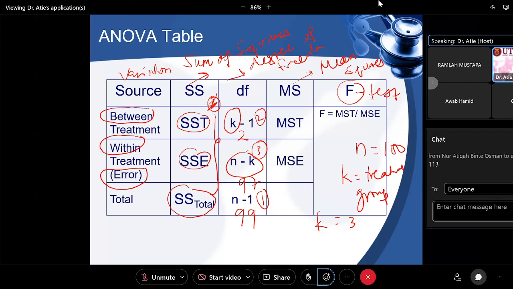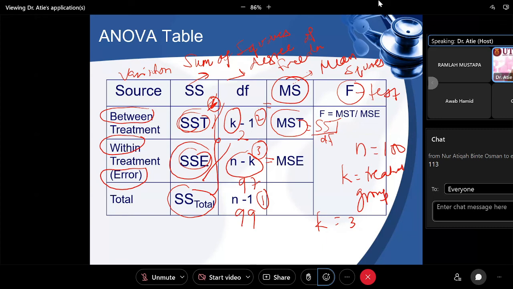All right. So this MST mean is actually equal to SST divided by the DF here, right? So this number divided by this one, you get this one. That's how you calculate the mean.